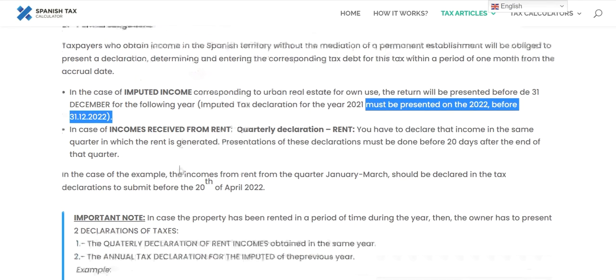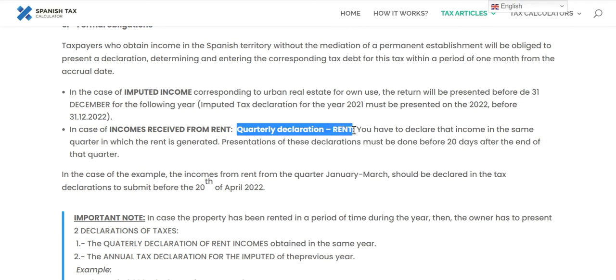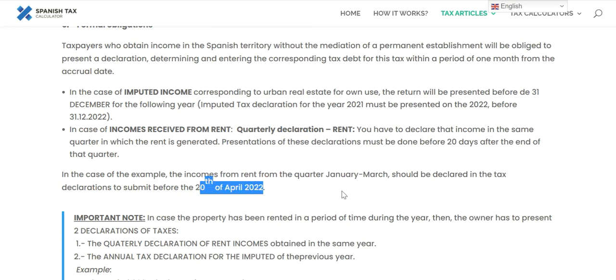In case the property has generated any incomes, for example from rent, then there is the obligation to declare the rent in the same quarter in which the income has been generated. If this income has been generated in the interval January-March, then the tax declaration must be presented and paid before the 20th of April 2022, which is 20 days after the quarter is completed.